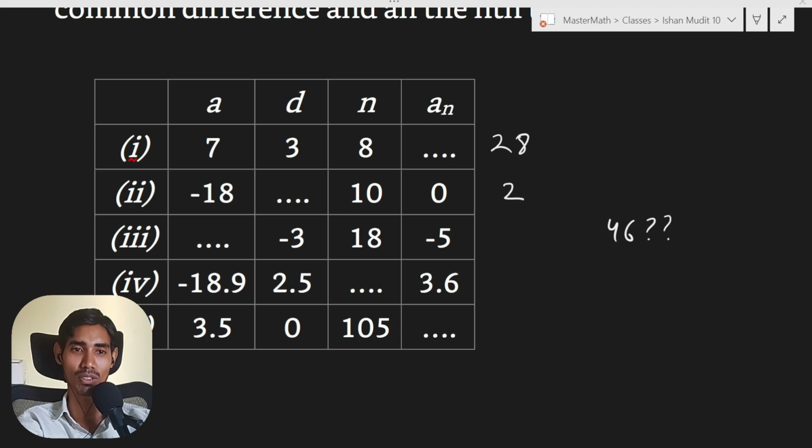Ishan, what about the fourth part? Yes, Mudit. Can I say the answer for the fourth part? Yeah, go ahead.